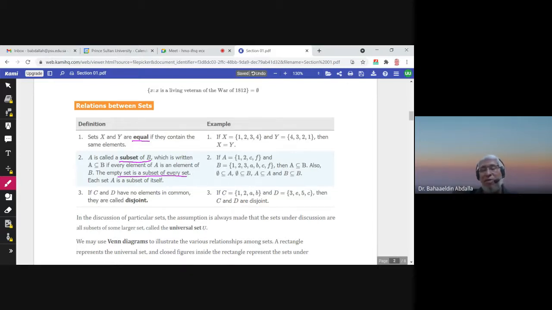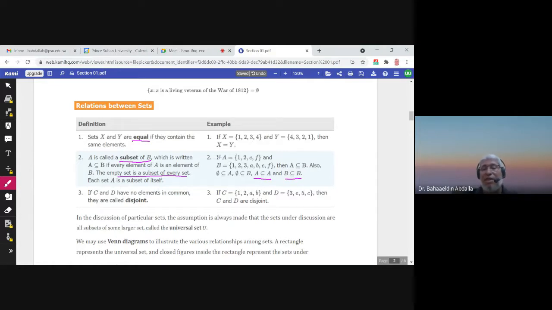Each set A is a subset of itself. So we can write that A is a subset of A and B is a subset of B, because all the elements in B are in B.